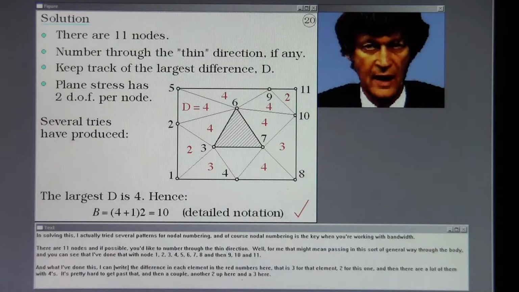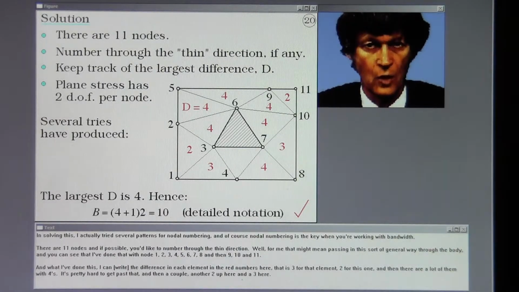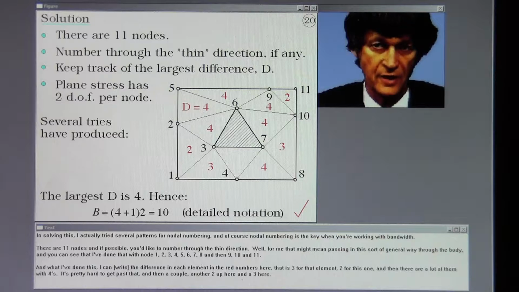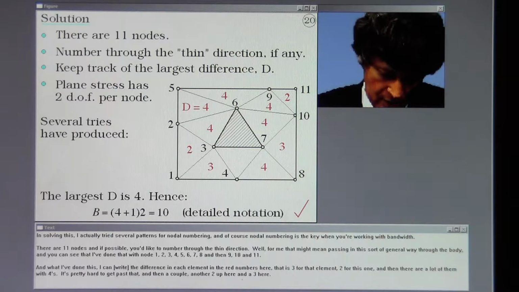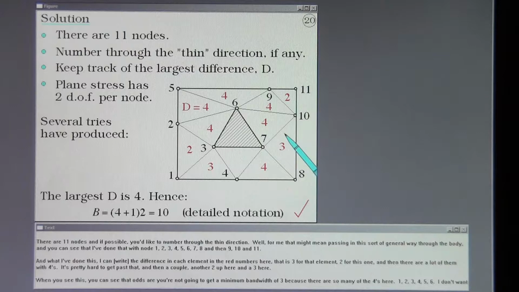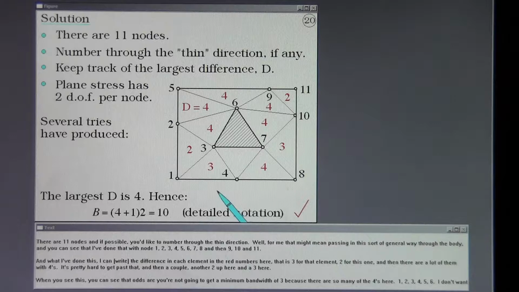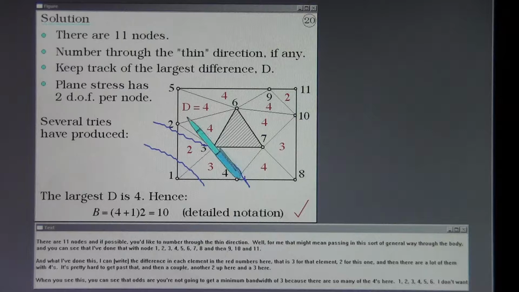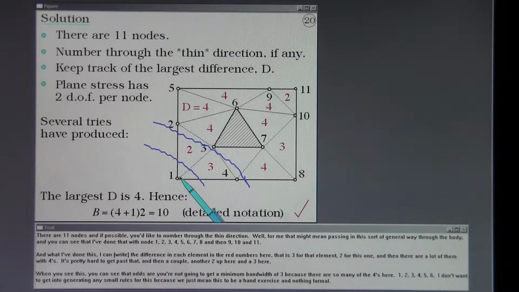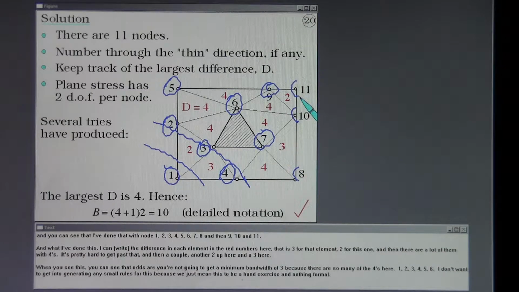In solving this, I actually tried several patterns for nodal numbering. And of course, nodal numbering is the key when you're working with bandwidth. There are 11 nodes, and if possible, you'd like to number through the thin direction. Well, for me, that might mean passing in this sort of general way through the body, and you can see that I've done that with node 1, 2, 3, 4, 5, 6, 7, 8, and then 9, 10, and 11.